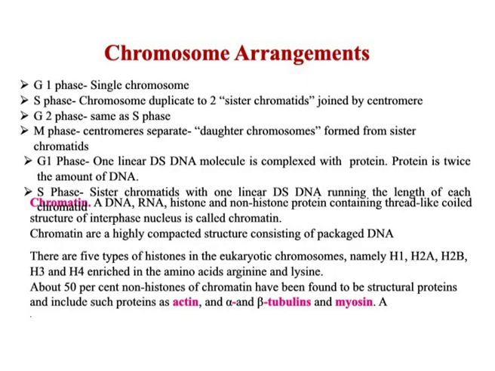Usually in the G1 phase, single chromosomes are present, and later the chromosomes have two sister chromatids joined at the centromere, so we can easily observe them in the interphase. The G1, S and G2 phases we call interphase.